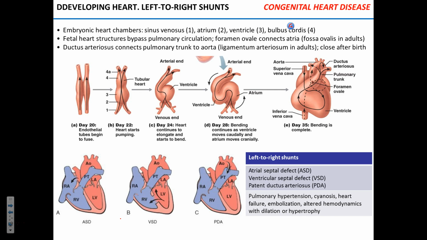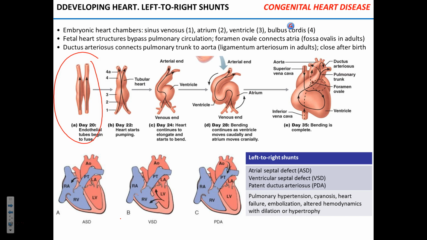Now, another huge category of cardiac pathologies is congenital heart abnormalities. So when the heart develops from the tubes, initially you have basically two chambers.